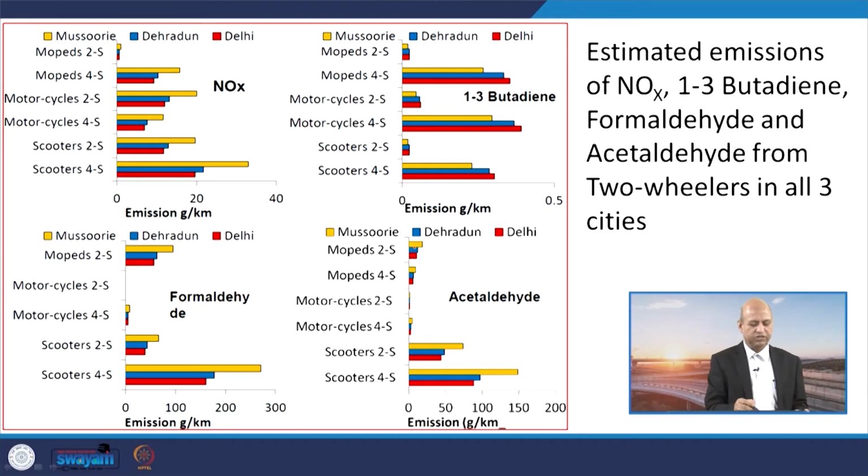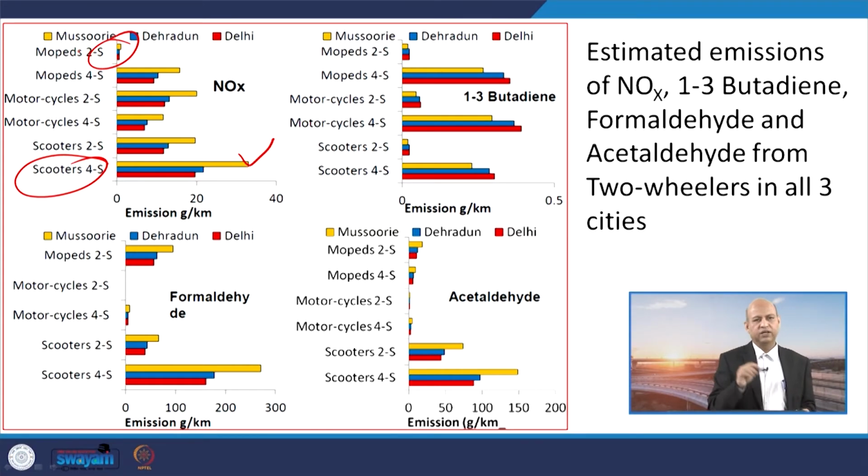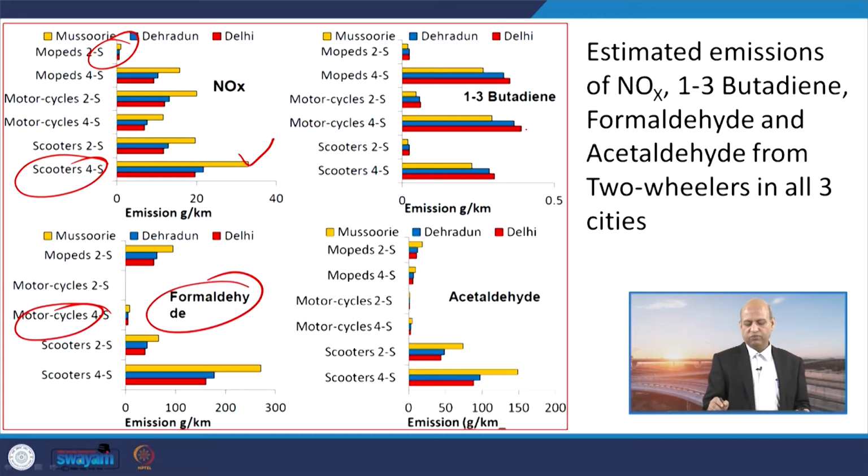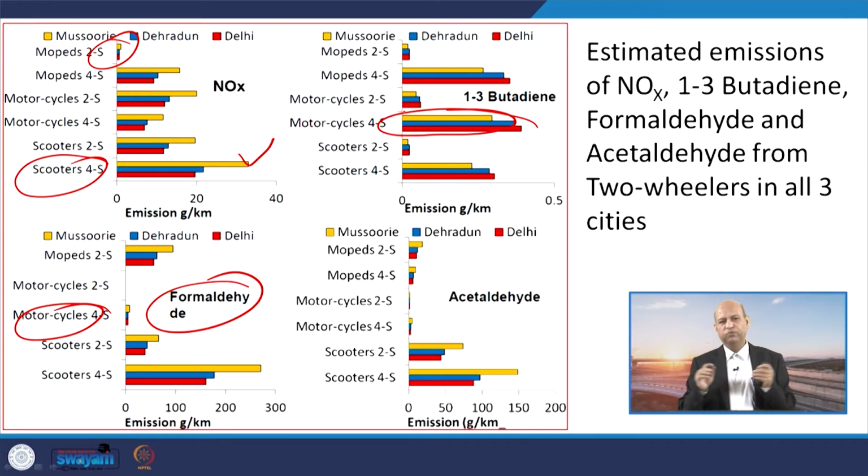If you see the NOx emissions, again scooter 4 stroke engines are emitting more, and it is more in the case of Mussoorie, and then mopeds again emit very little NOx. Well, when we consider butadiene and formaldehyde, the situation changes. Motorcycle 4 stroke has very little formaldehyde, but quite high butadiene. So, if you consider different pollutants, a different situation occurs at different places.